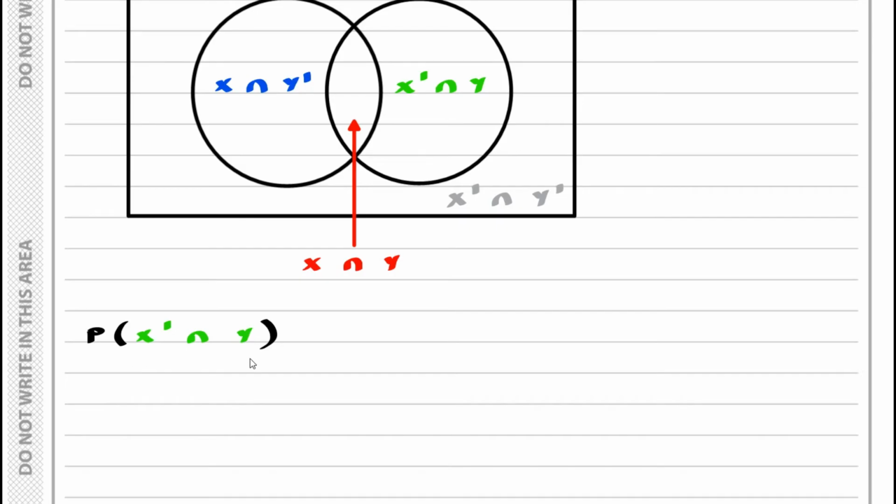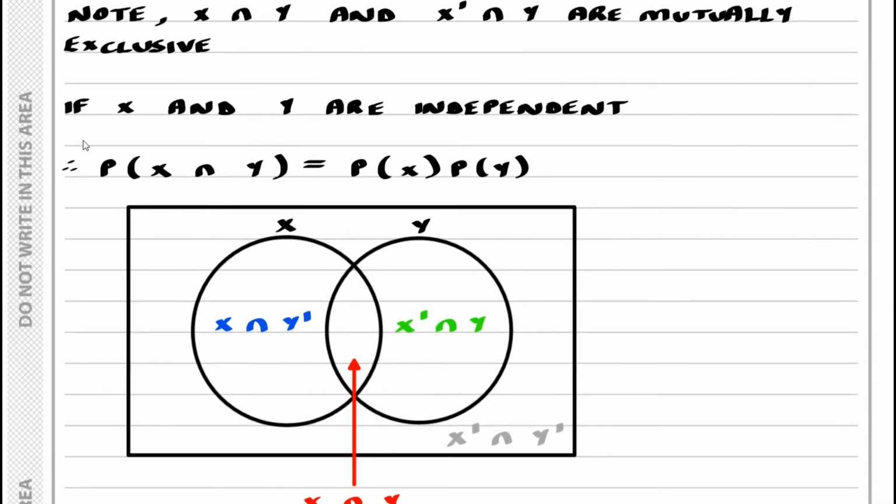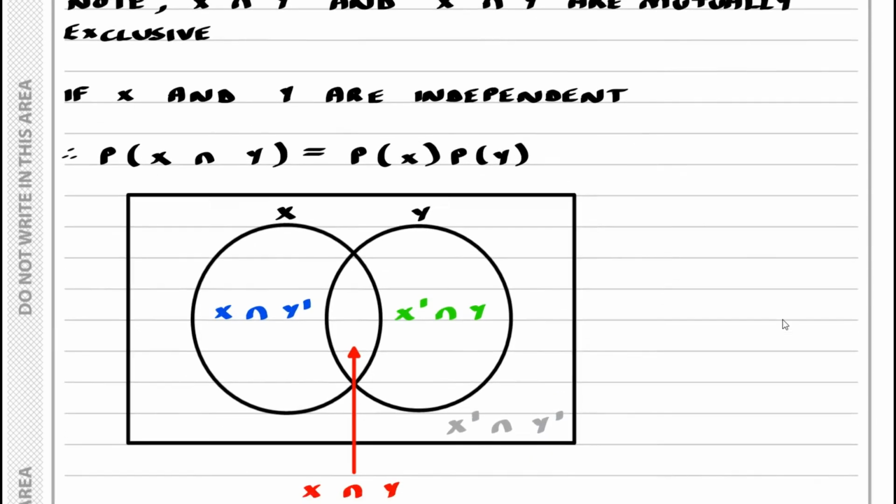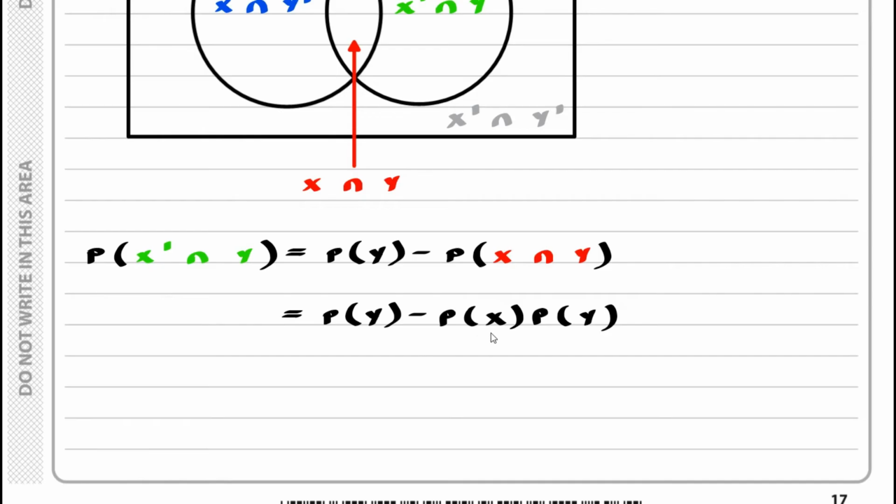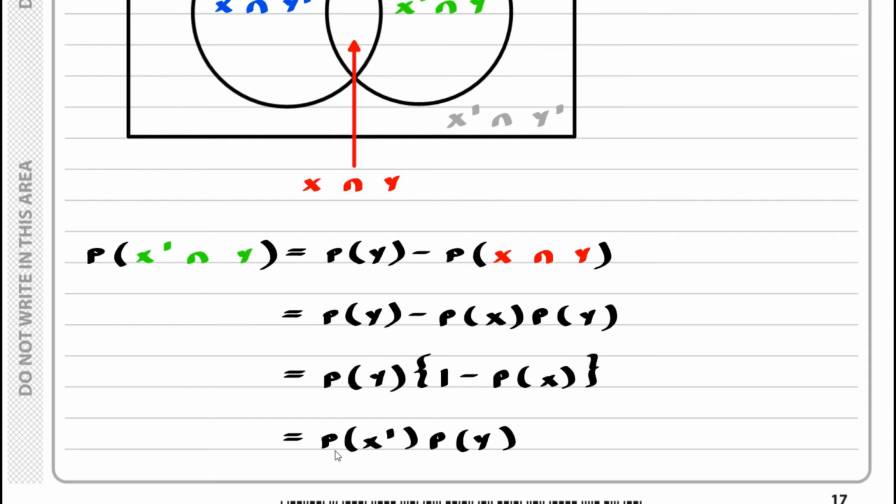So the probability of X dash and Y is equal to the probability of Y, the entire circle of Y, subtract the probability of X and Y. So we have the probability of Y subtract the probability of X and Y, which we have said is the probability of X multiplied by the probability of Y. So we subtract the probability of X multiplied by the probability of Y. We can factorize out a probability of Y, and inside the bracket we have 1 subtract the probability of X, and 1 subtract the probability of X is the probability of X dash.